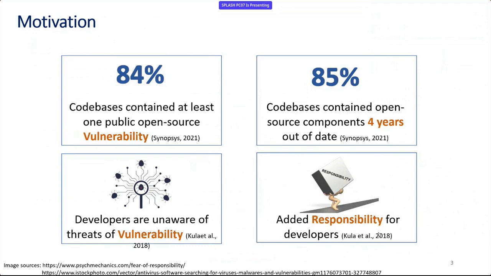Research also states that developers are unaware of the threats that come with using open source software, and software developers consider it an added responsibility to their day-to-day tasks to update dependencies, as it might be out of the scope of the current development.